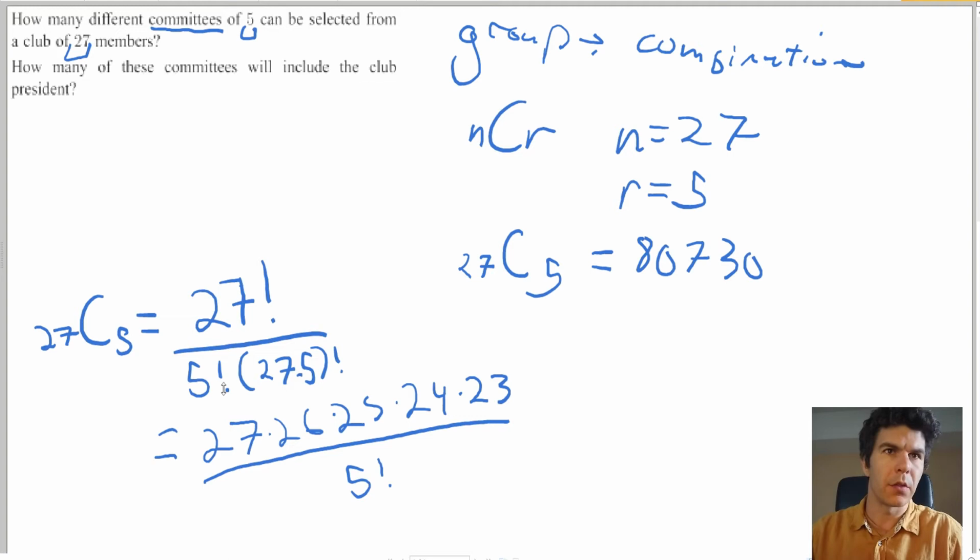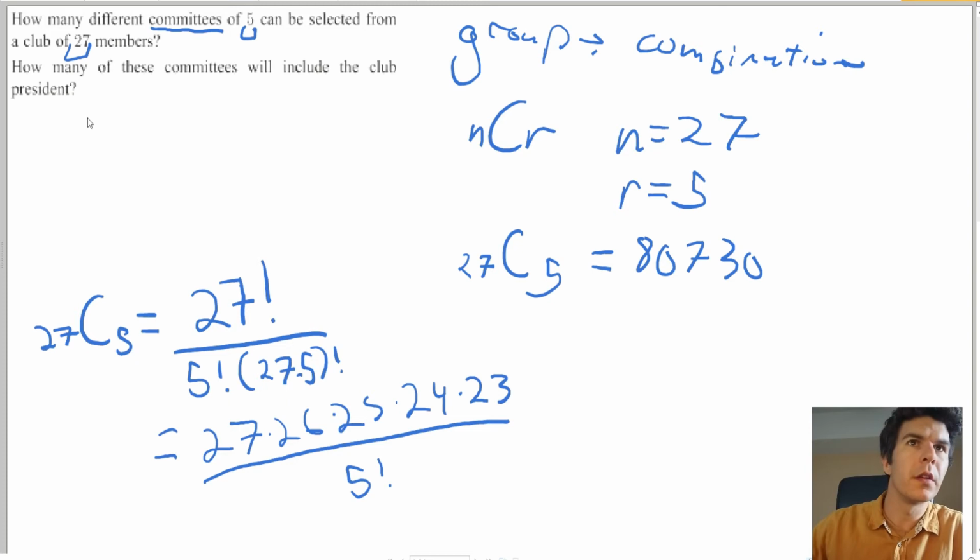And we can also do this. This one is also in probability. Divided by 5 factorial.